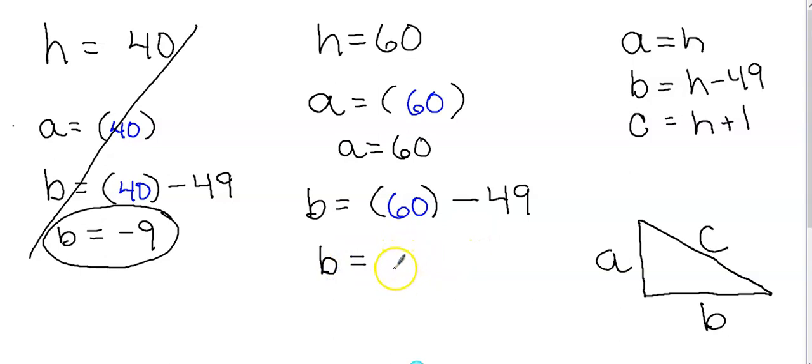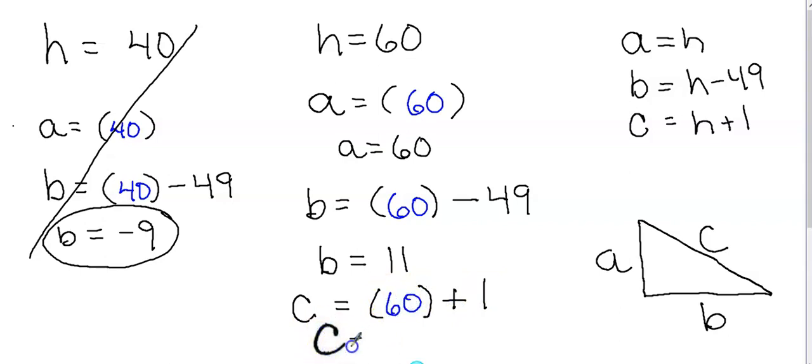So that is 11. And then try one more. C is h plus 1. So C is 61. This one did work, so it looks like we found our answer.